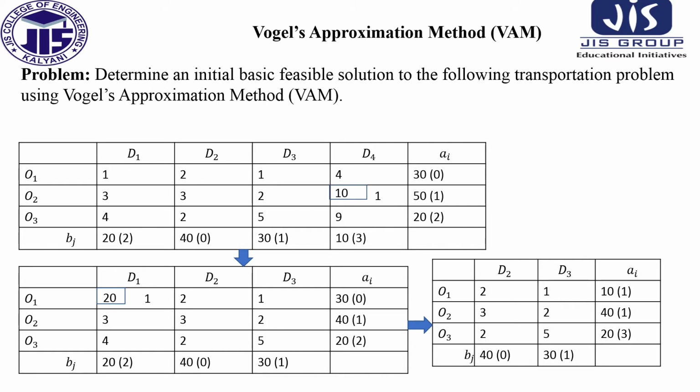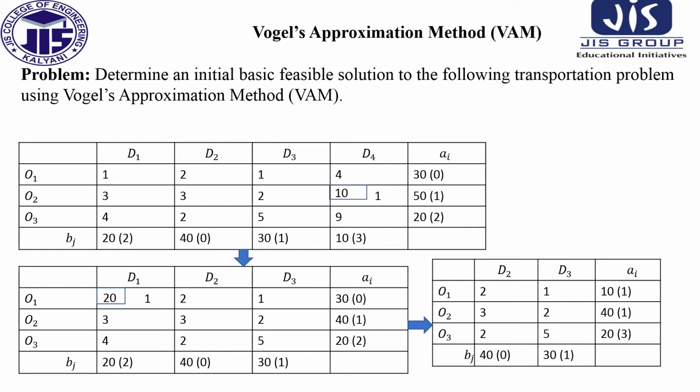So here in this table, first of all, what we have to do is find for each row the least cost and the next least cost, and subtract the least cost from the next least cost, and the subtracted value we put beside the supply value.